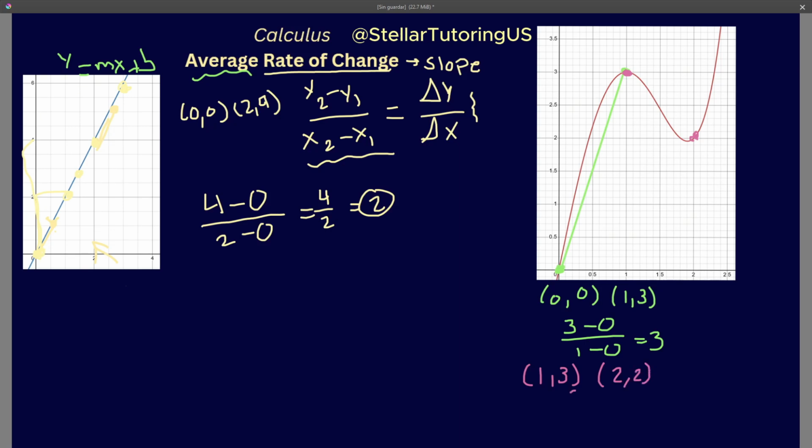Let's try that. 2 minus 3, this is some algebra, over 2 minus 1, we get negative 1 over 1, which simplifies to negative 1. And if we were to visually represent this, we would see it's a line connecting these two. Now, as we see, it's still not accurate. This undershoots and then it overshoots.